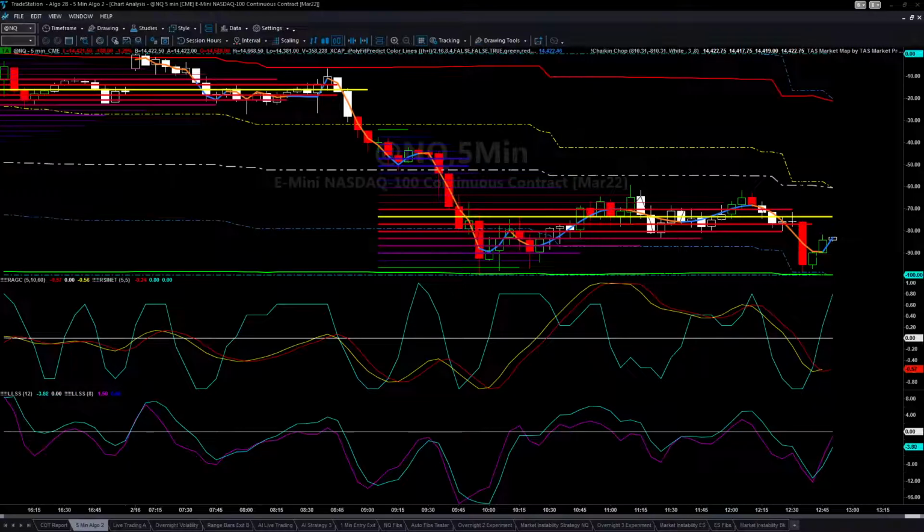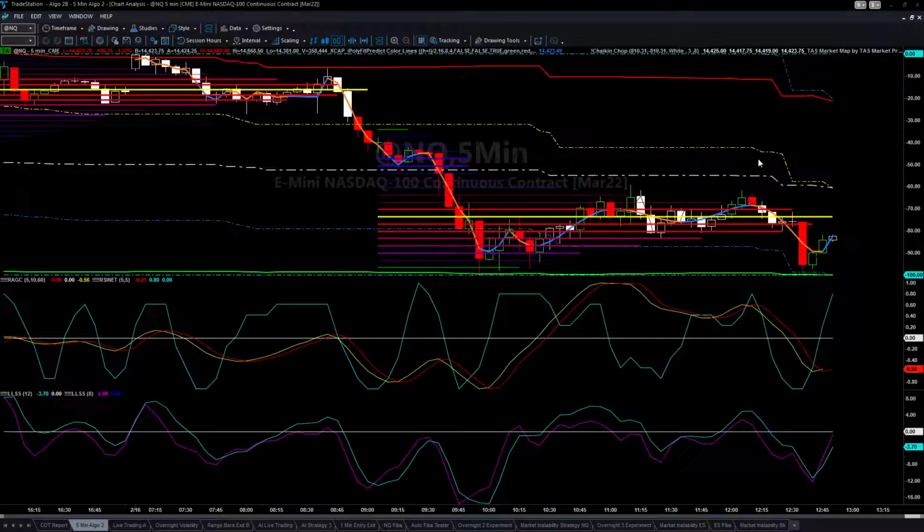All right, now it's going into consolidation mode, which is part of the reason that you don't chase after trades of this type. If you're chasing a trade like this, this is bound to happen.